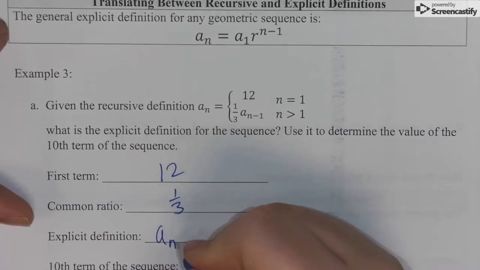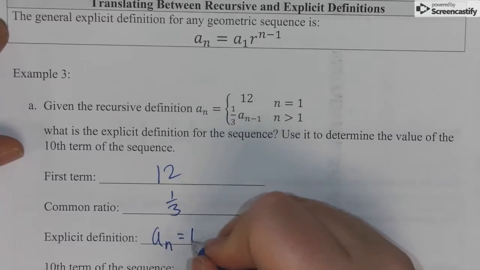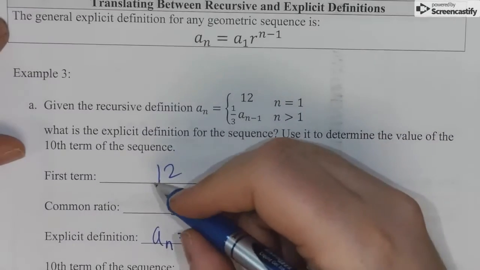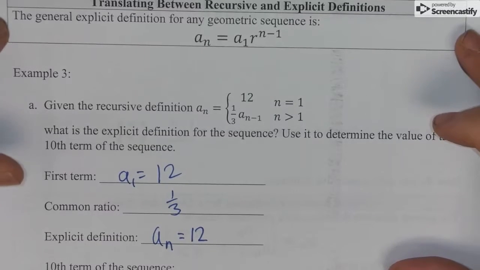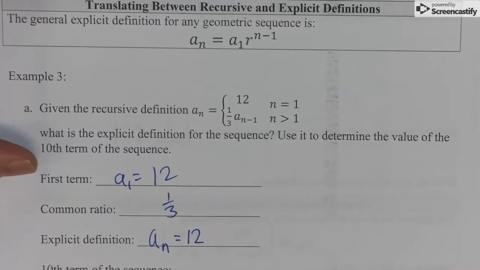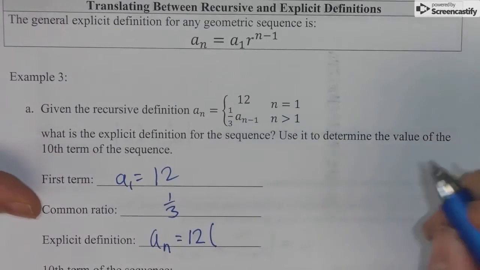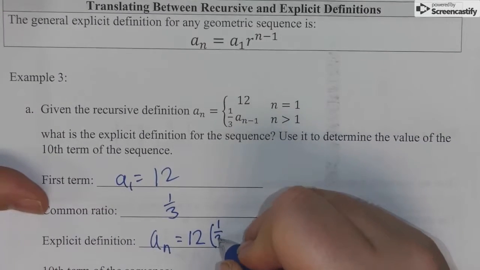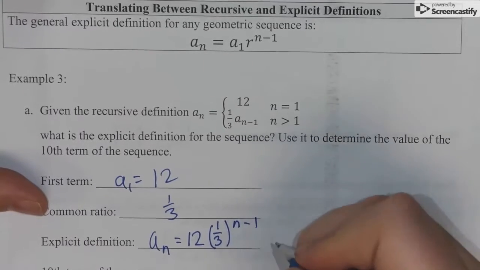So A sub 1 is 12, your first term. So A sub n equals 12, times, in parentheses, your common ratio, 1/3, to the n minus 1 power.